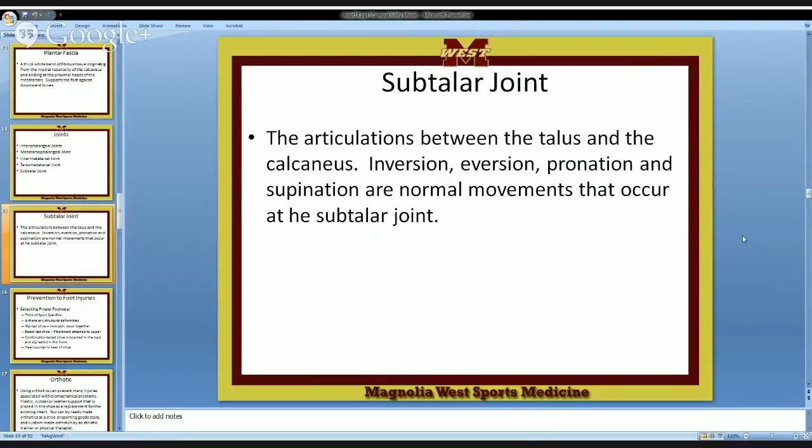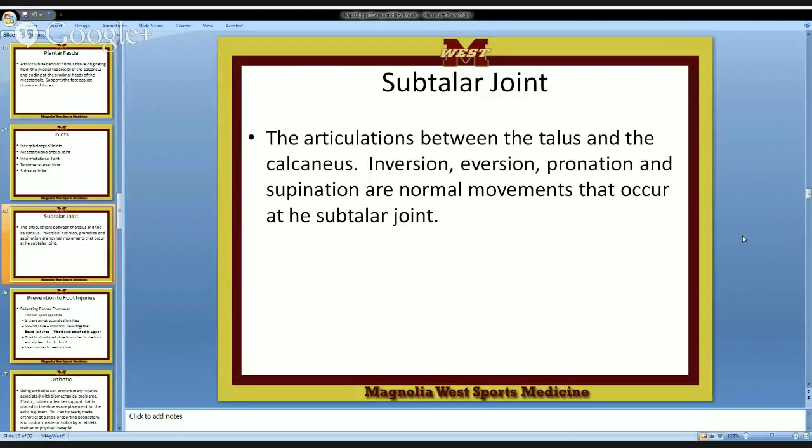All right. The articulations. What's articulations? It's where 2 bones connect. Okay. So the articulations between the talus and the calcaneus is your subtalar joint.